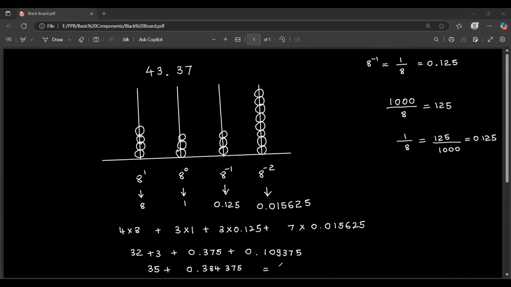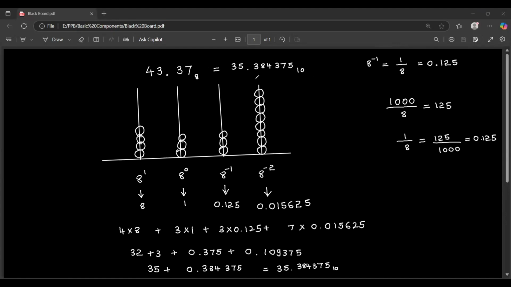So the final answer will be 35.384375 to the base 10. So the floating point value 43.37 to the base 8 can be written as 35.384375 to the base 10.